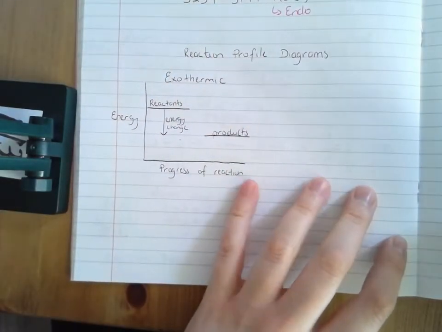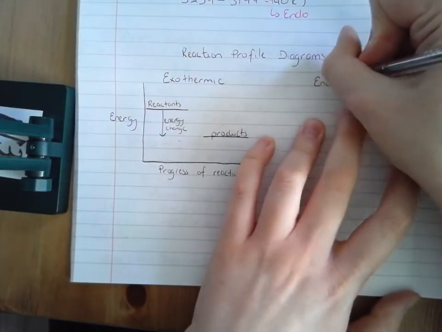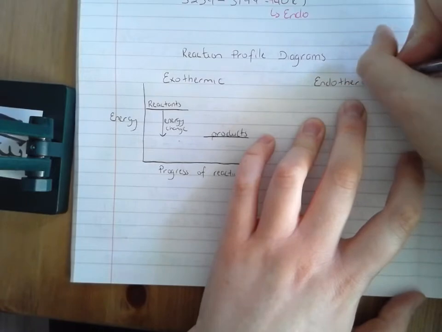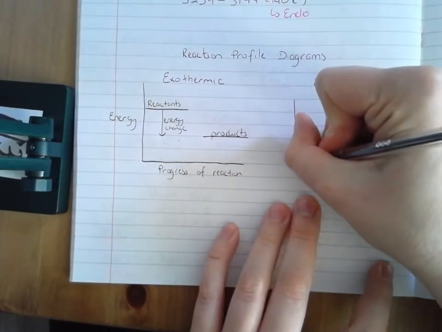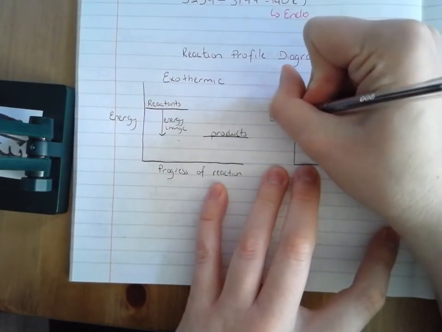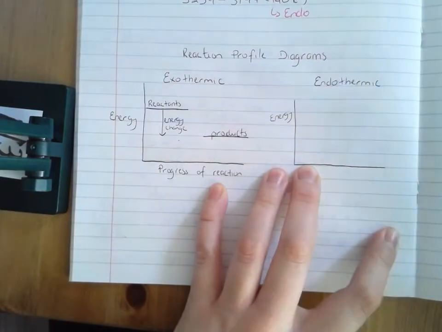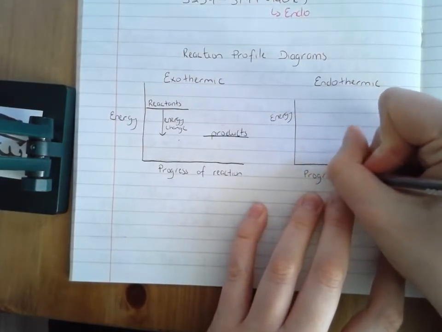If I were to do the same thing for an endothermic reaction, so this is endothermic, again, I'm going to draw a rough sketch. I'm going to put energy on my y-axis, and I'm going to put progress of reaction on my x.